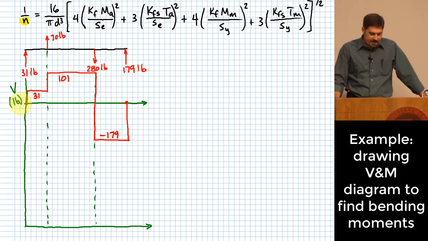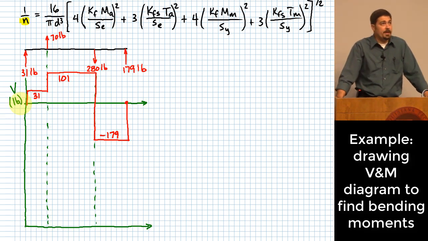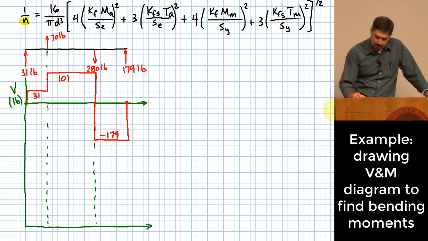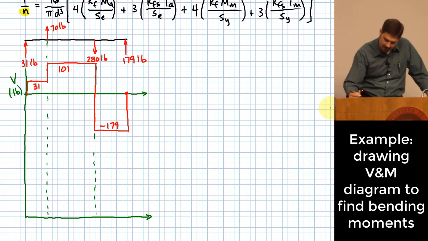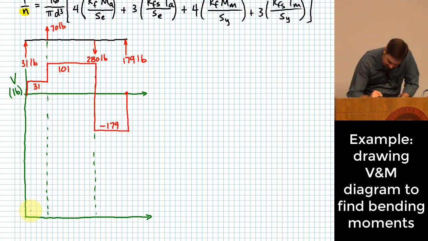Now, by looking at this diagram, where do you feel like the worst case scenario is going to be for bending moment? Yeah, so where we're going to look at probably is where the smaller pulley is. The reason why you can kind of tell that is that the shape of the bending moment diagram will have a particular slope like this.